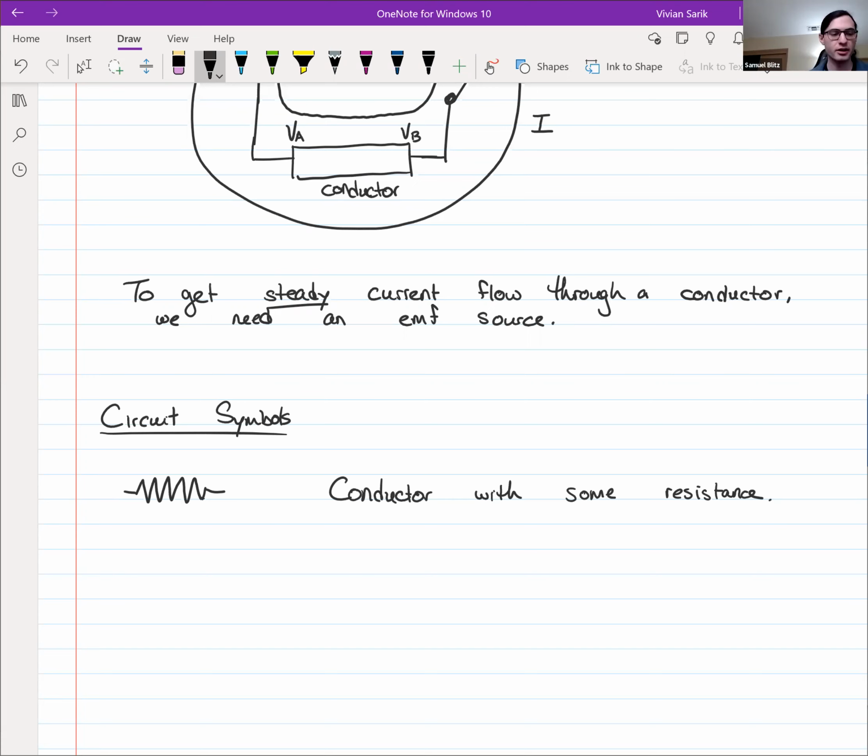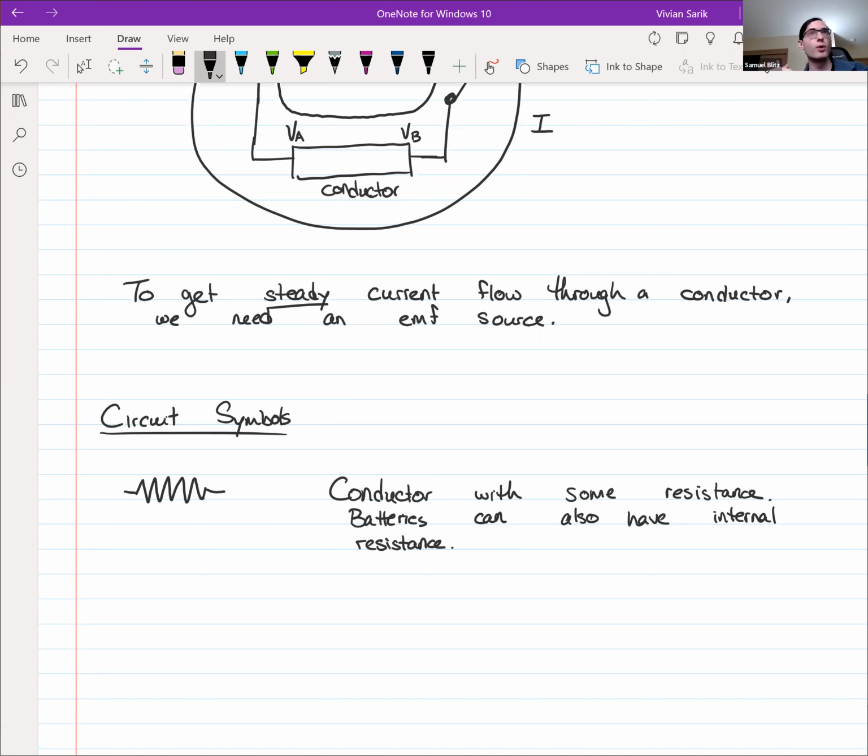Also, just as an aside here, batteries can also have internal resistance. So a battery is an EMF source, but it also can have a built-in resistance, and that's because batteries are made of real-world conductors, and those conductors have resistance.